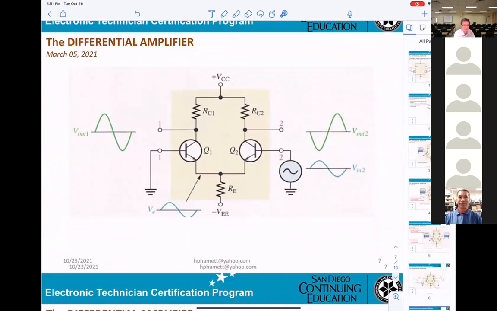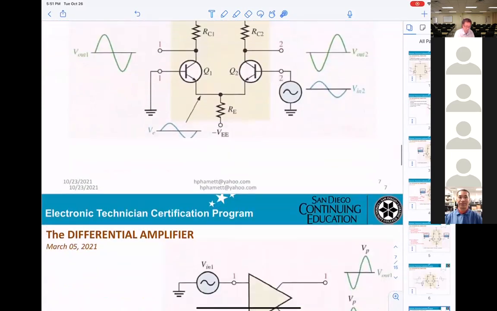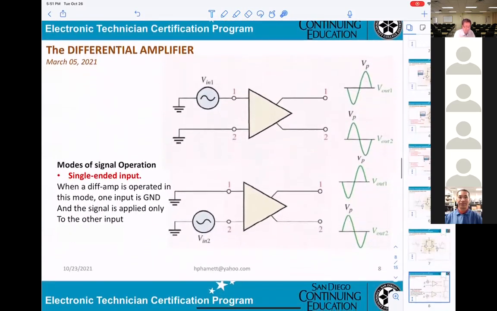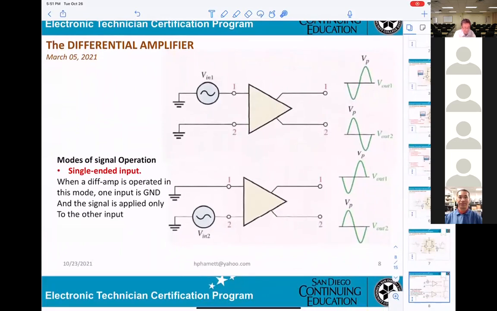Okay. Basically, this is just the reverse of what we already talked about. So now they apply the signal to Q2, so the output will be inverted from the input, and Q1 will be the same as the input, in phase. Let's see what happened here.